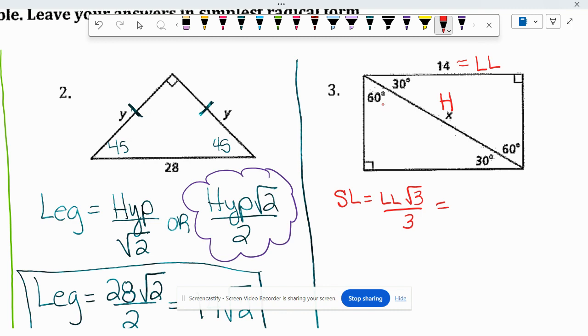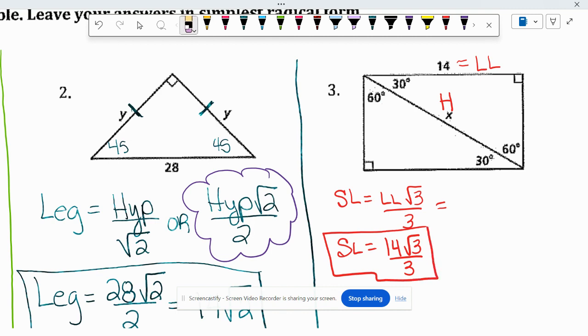So my short leg is what? Well, my short leg is 14 times the square root of 3 divided by 3. You can't simplify that. 14 is not divisible by 3, so you just leave it like that. Now I need to find the hypotenuse. And my hypotenuse is 2 times my short leg.